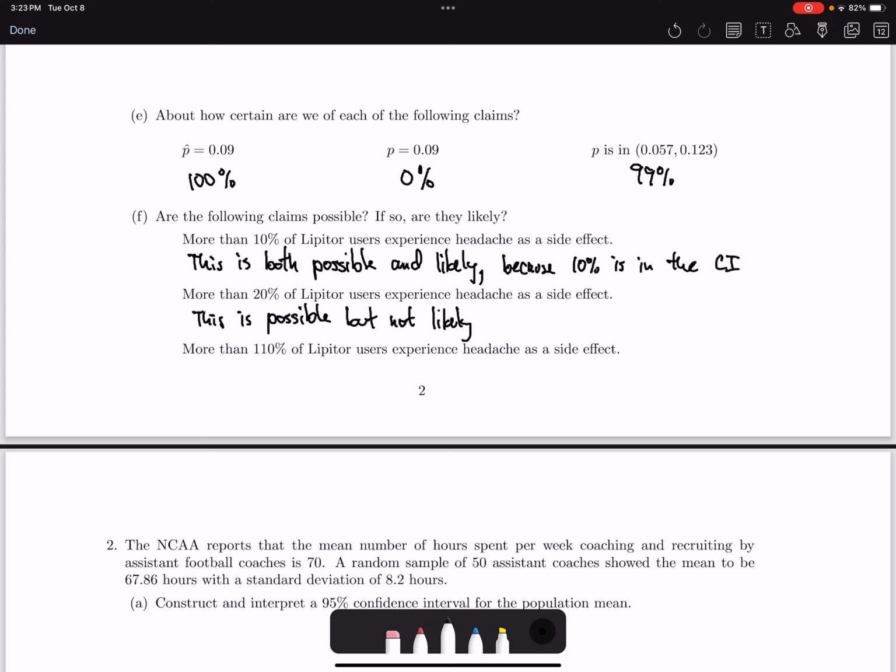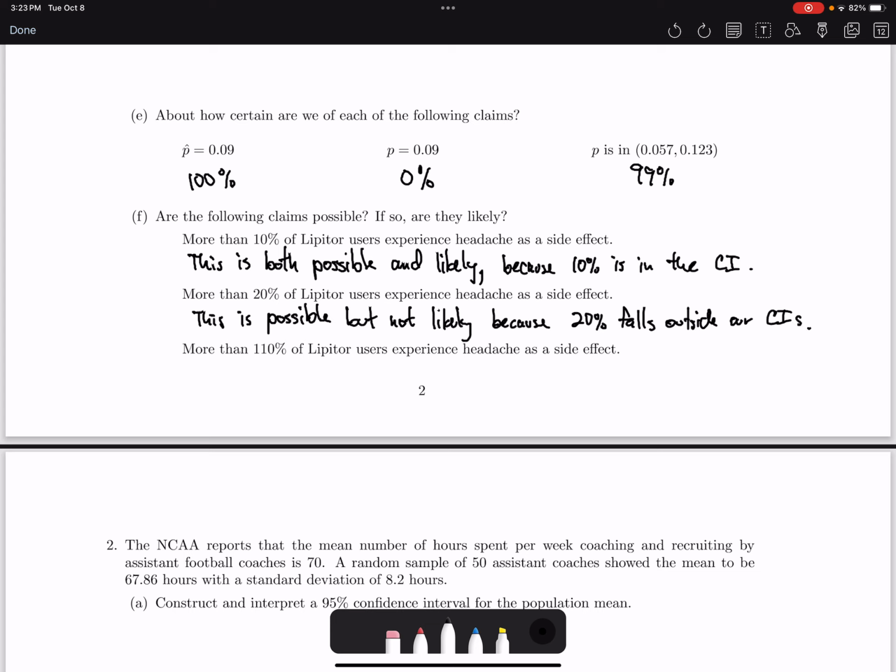Whether you're looking at the 90% confidence interval or the 99% confidence interval, 10% is in both of them, whereas 20% is not, right? So 20% is possible, but not likely, because 20% falls outside our confidence intervals.